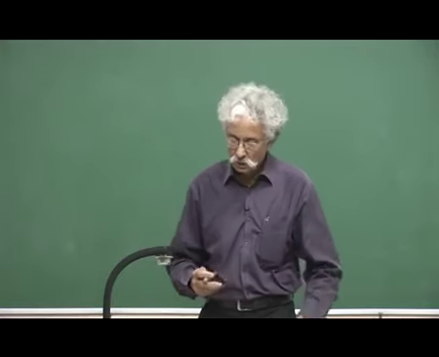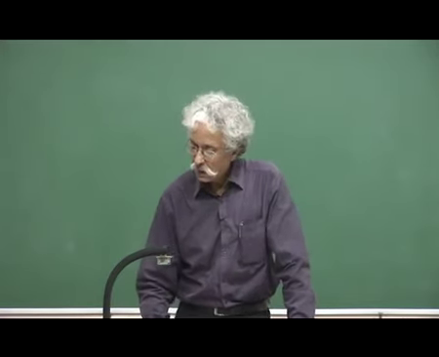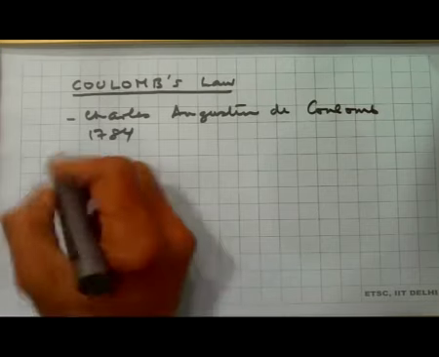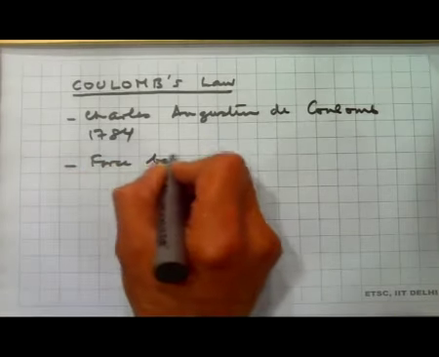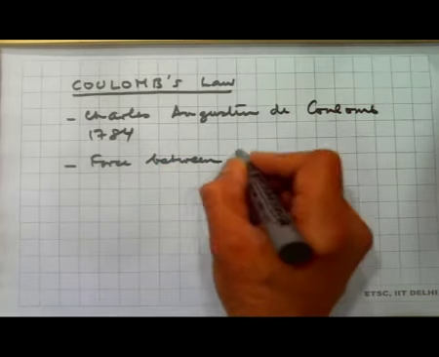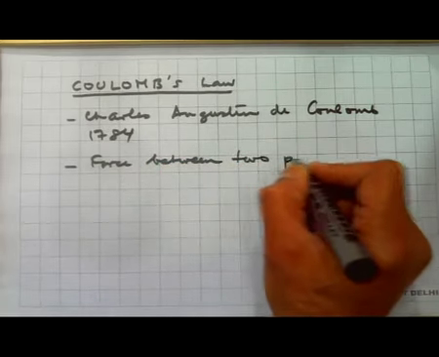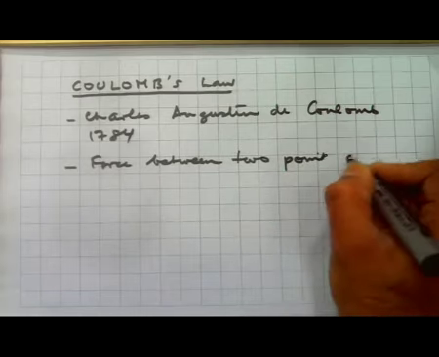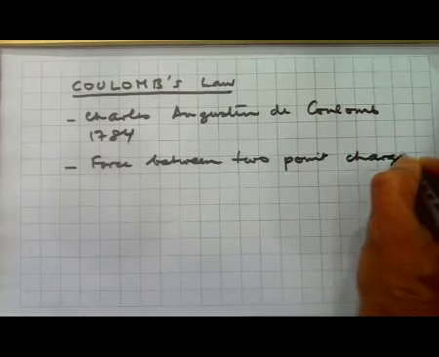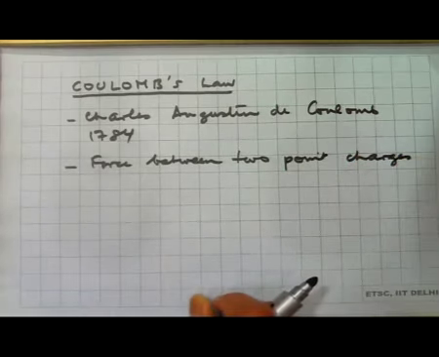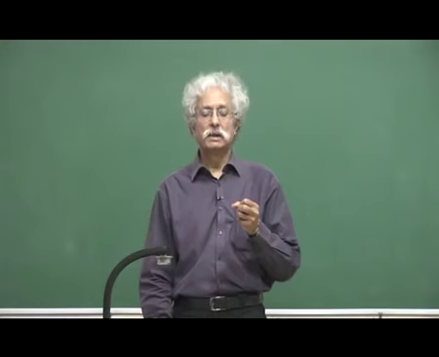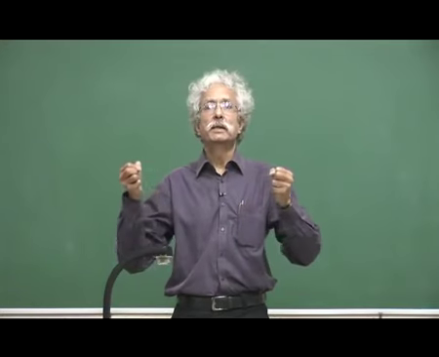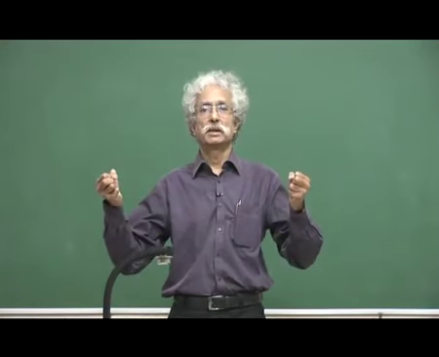So, the law is called Coulomb's law, and this is a law which tells the force between two point charges. Now, I must point out that point charge here implies that the size of the charge distribution is very small compared to the distance separating the two charges.